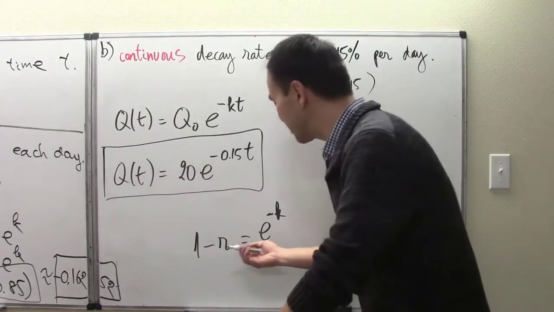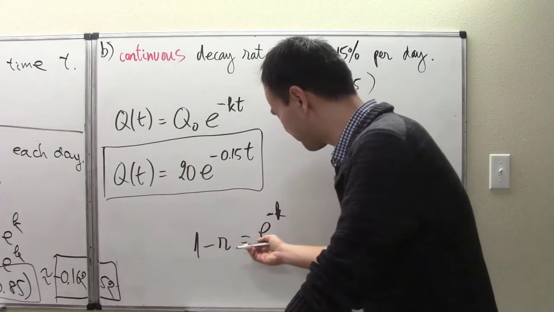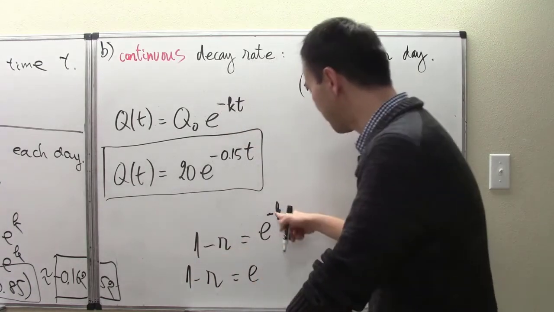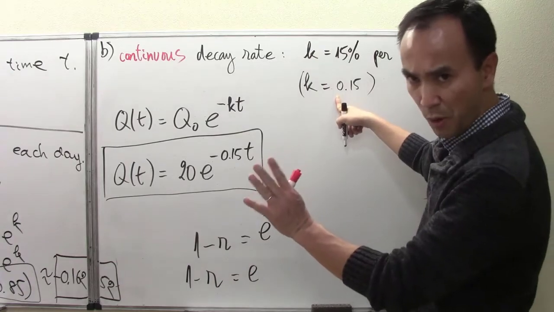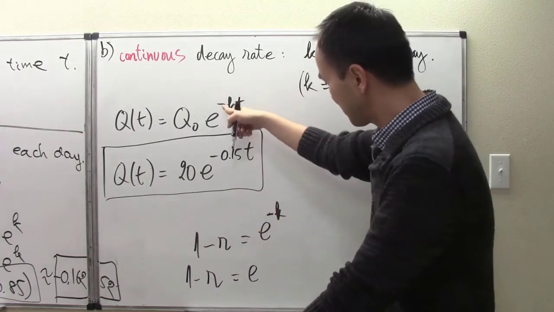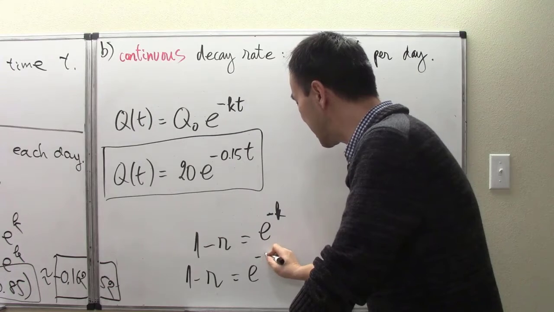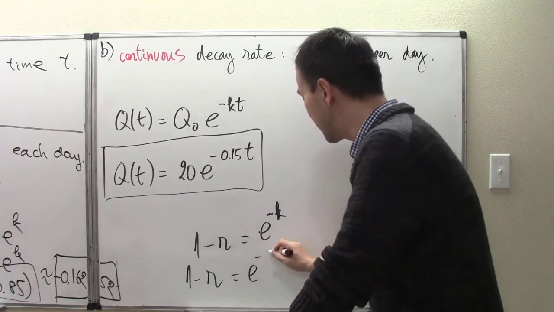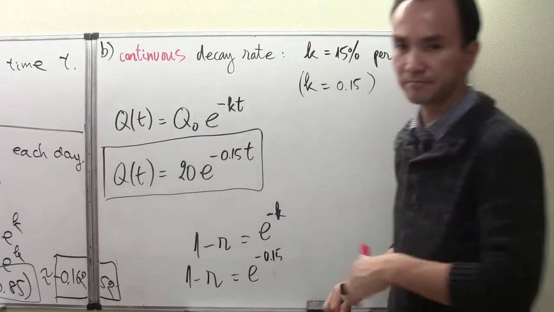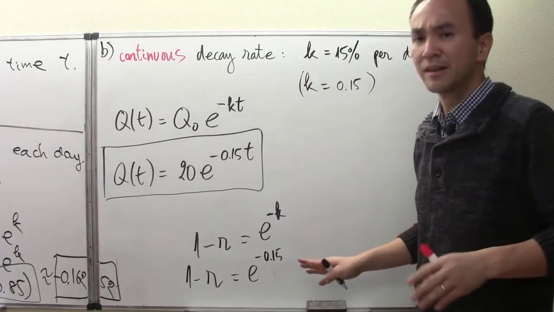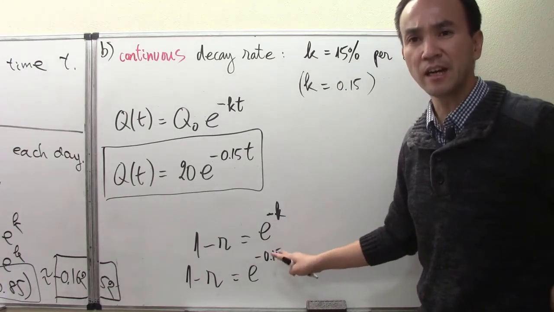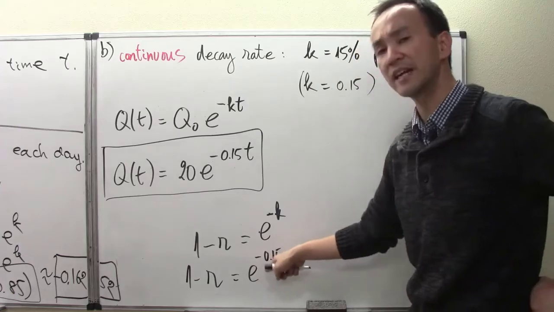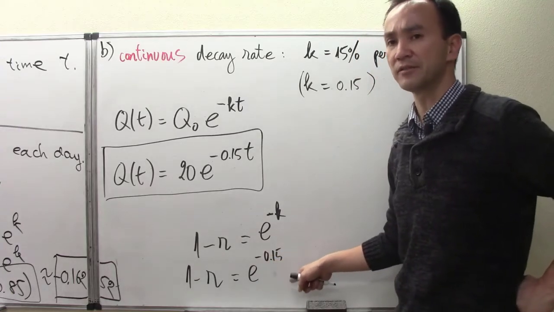So from this equation, we're looking at 1 minus r equals e to the minus k. See, k was written as 0.15 positively, so minus k gives me e to the negative 0.15. That's all. At this point we don't need any logarithmic operation, because e to the negative 0.15 is already itself just a value.